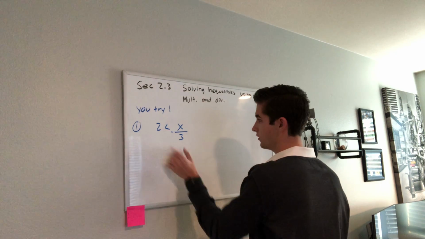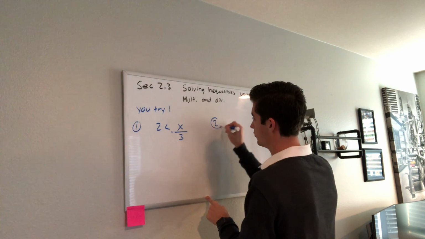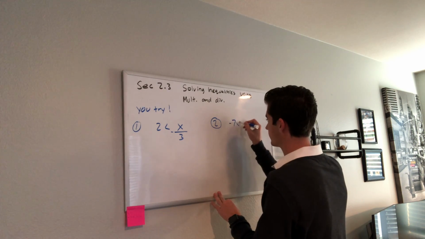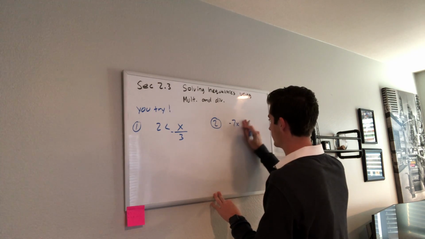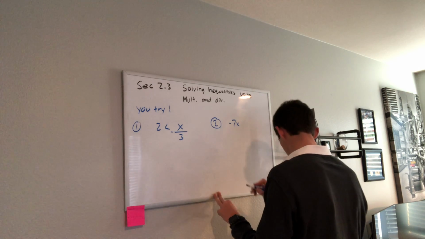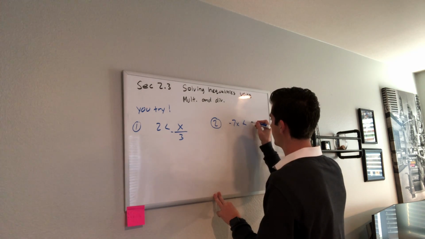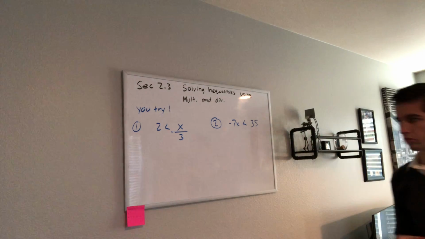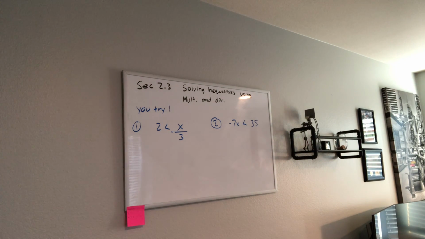Alright, so this is problem 1. Problem 2, we have negative 7x is less than 35. So, try that and we will see how you guys are doing.